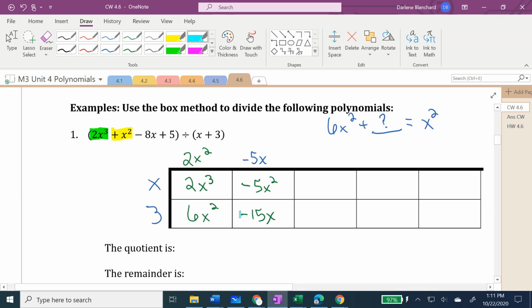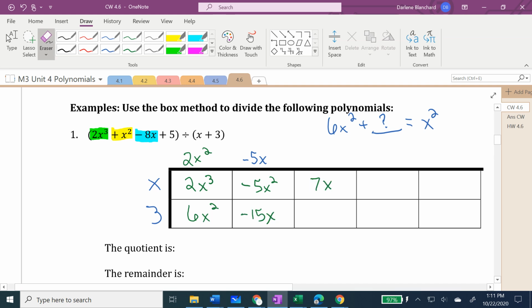And that is, you need to make a diagonal whose sum will give you the next term. And what would that next term be? Right. Because negative 15 plus 7 is going to give me that negative 8.